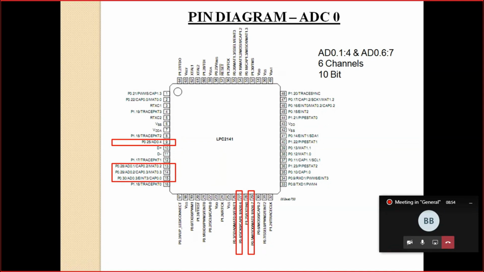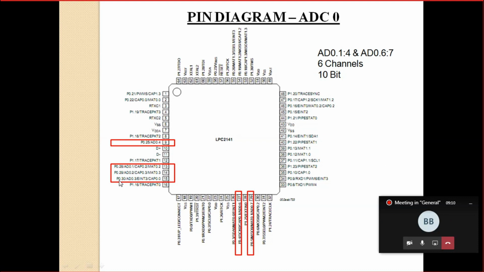These are the 6 channels available in the ADC, shown here in red color. Here you can see P0.25 bar AD0.4, and P0.30 bar AD0.3. That means the pin can be configured as general purpose P0.30 or as an ADC channel.